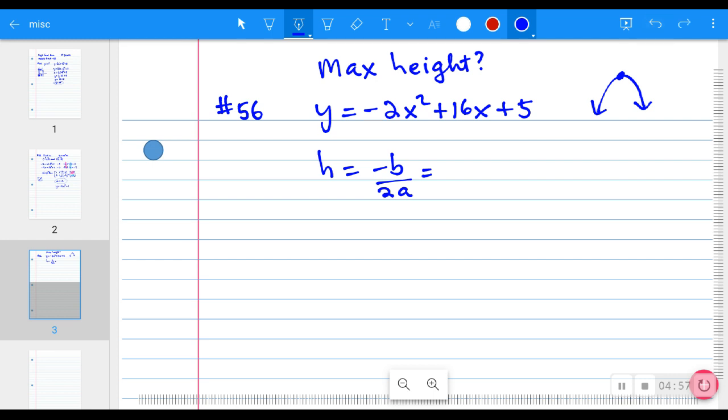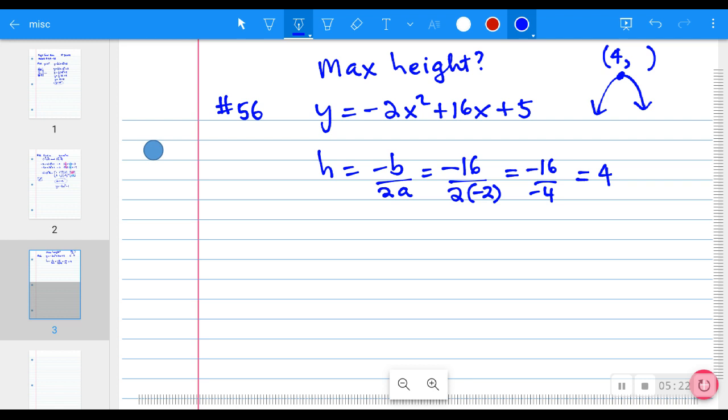Now, when you flip this over and you have a positive up front here, then you would get the vertex at the lowest point, and you'd have a minimum value. Okay, the opposite of 16 is negative 16, and here you have 2 times the a value. So negative 16 over negative 4 is 4. And so now you know the first part of your vertex.